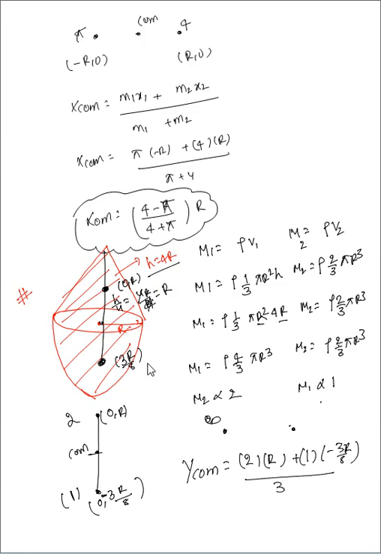If you solve this, YCOM equal to 8 to just 16, 16r minus 3r, which is 13r. 13r divided by 8 times 3 is 24. This is the answer for this question which we can give here.